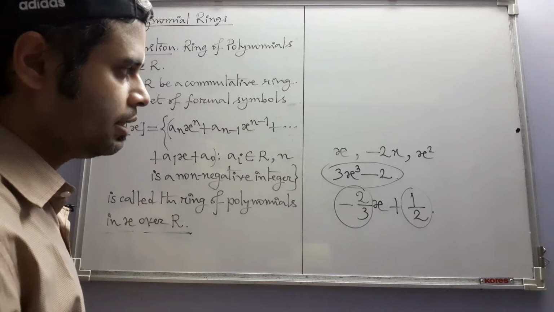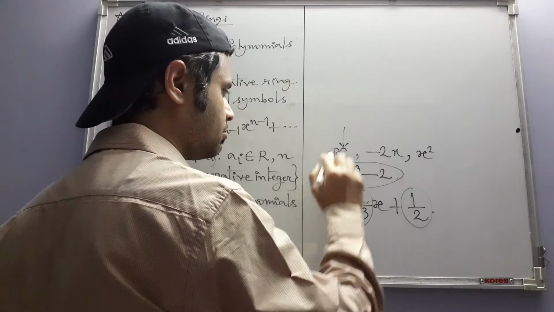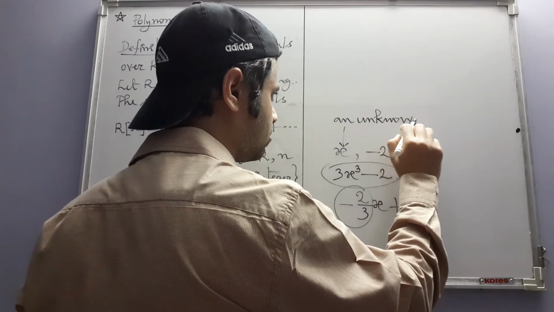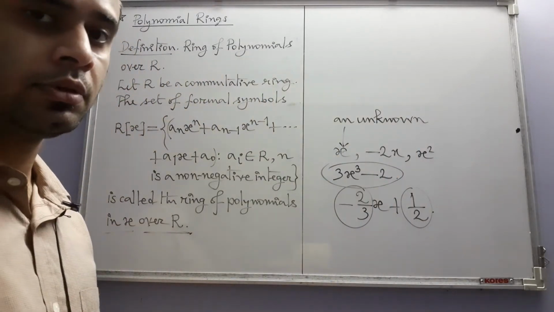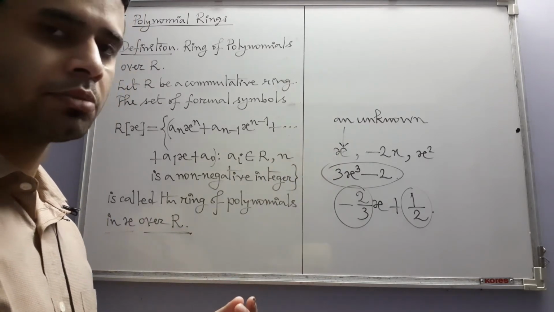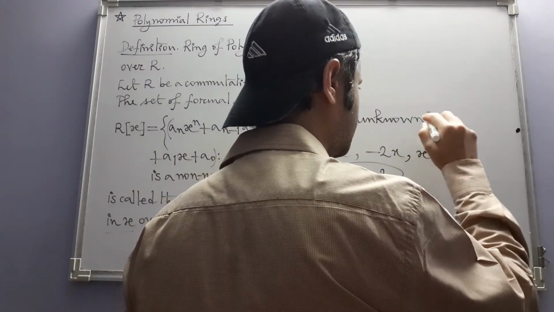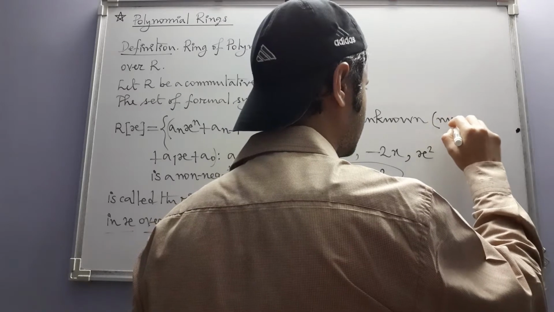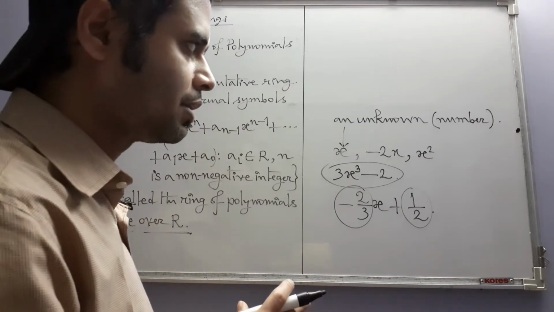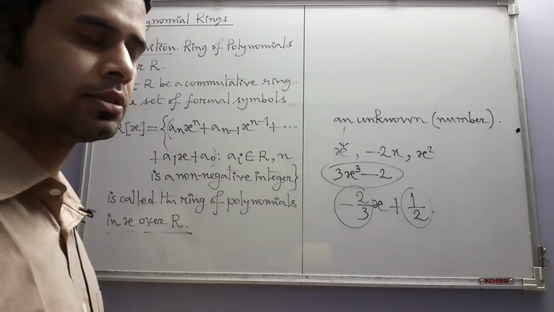You see, in school what we were taught is this: x is an unknown number. For us back then, the only objects we had in our mind were numbers. And we did not, in fact, have the maturity to ask what type of numbers. For us, numbers meant numbers.